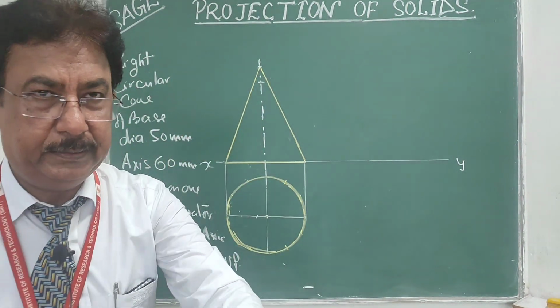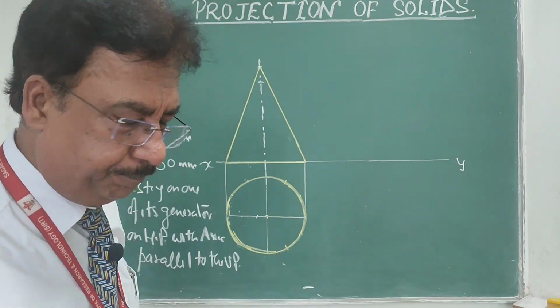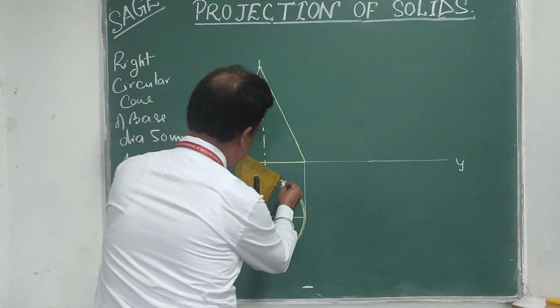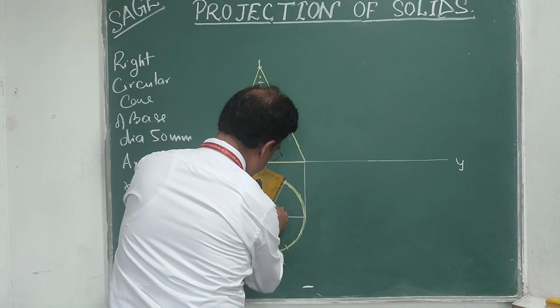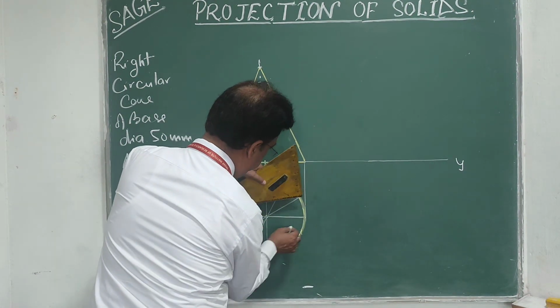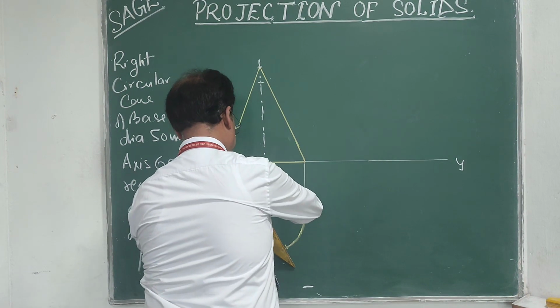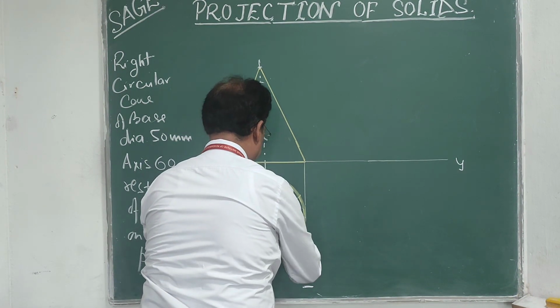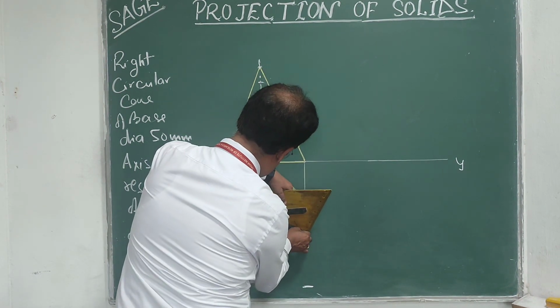So I have divided this circle into 12 parts. Now I can also join these lines. These are the generators. So we can understand that this will be a cone.